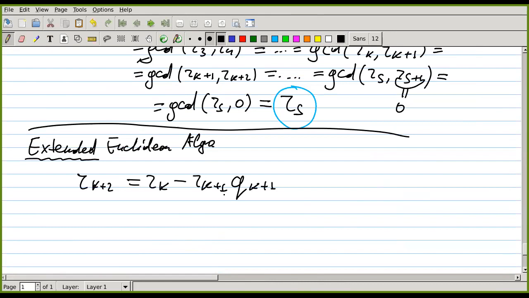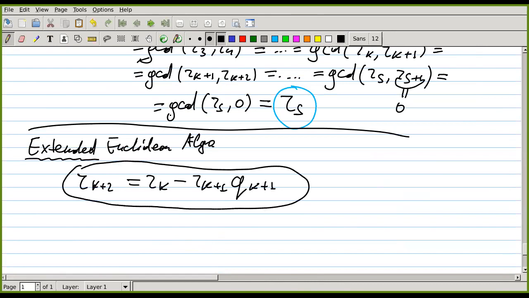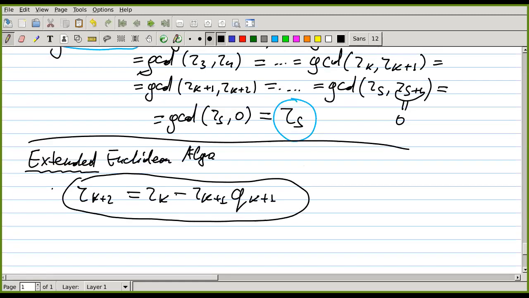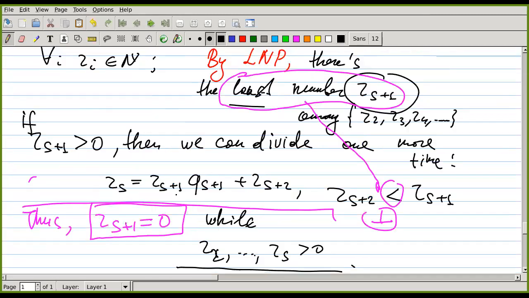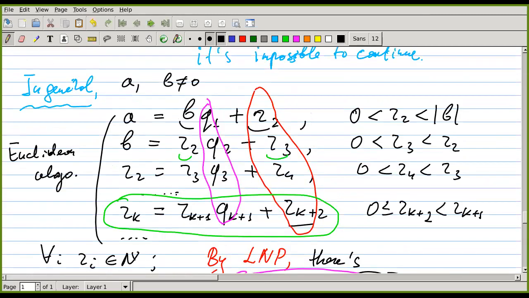Is it clear? Yes, it is the same. And this is true for every K starting from 2, because the first number of the remainder was 2.